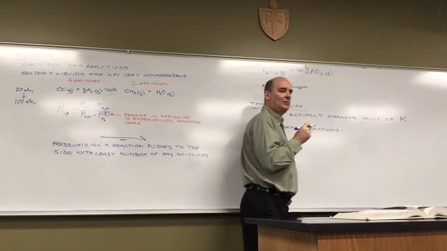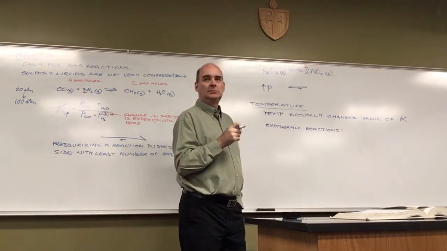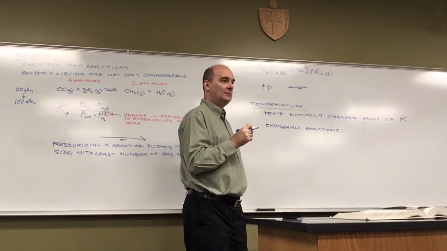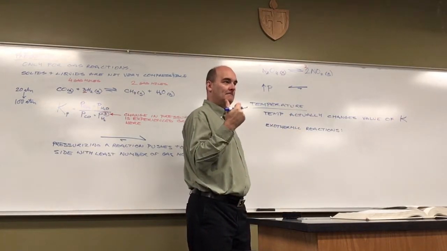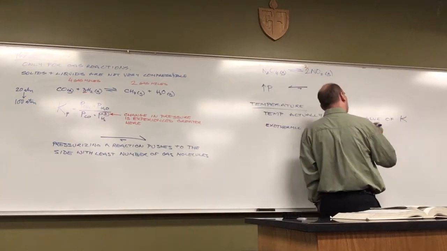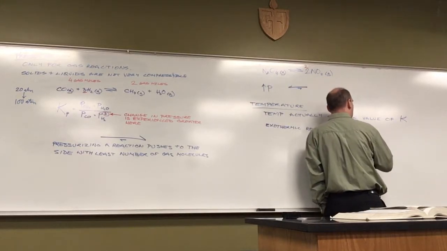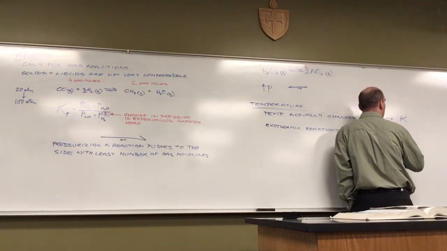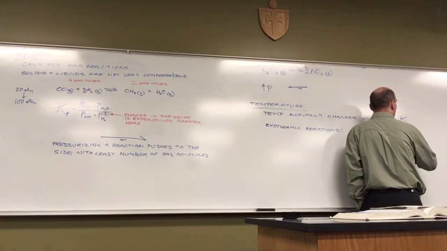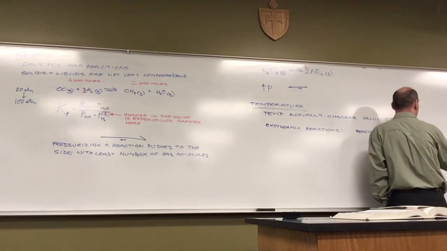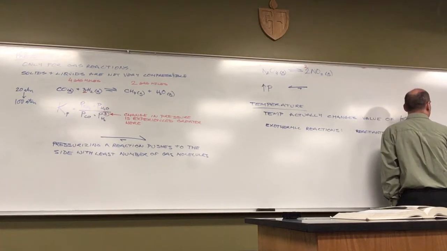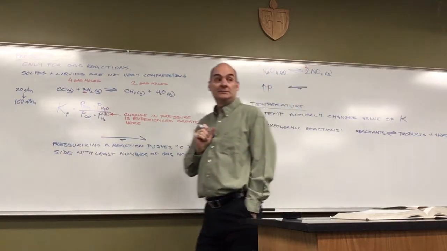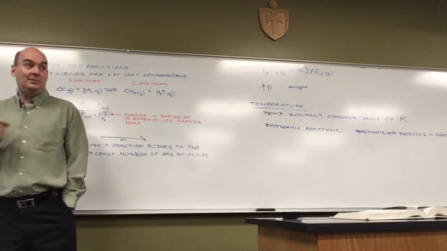What happens in an exothermic reaction? The heat goes where? Does it go in or come out? Okay. So in an exothermic reaction, we say reactants go to products plus heat. Heat is now a product. Write it on the side where it belongs.